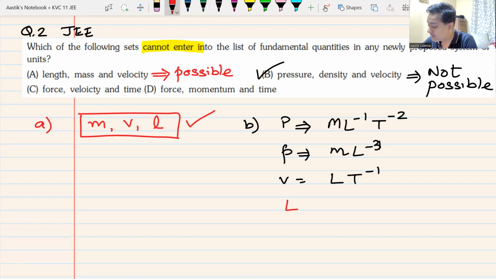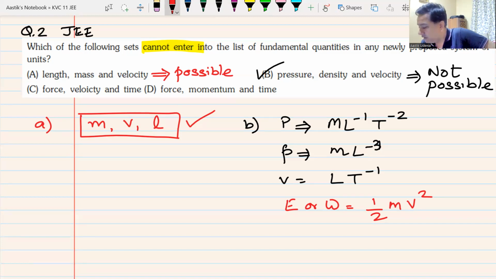Do you know energy or work done is half mv square? Yes or no? Yes, this is energy. Now, from this energy, if I divide it by volume, that becomes your pressure.